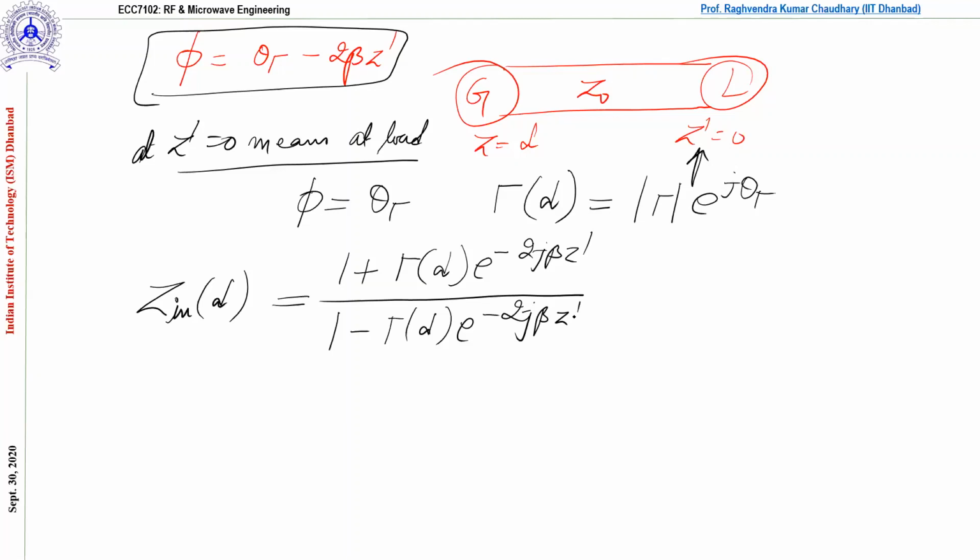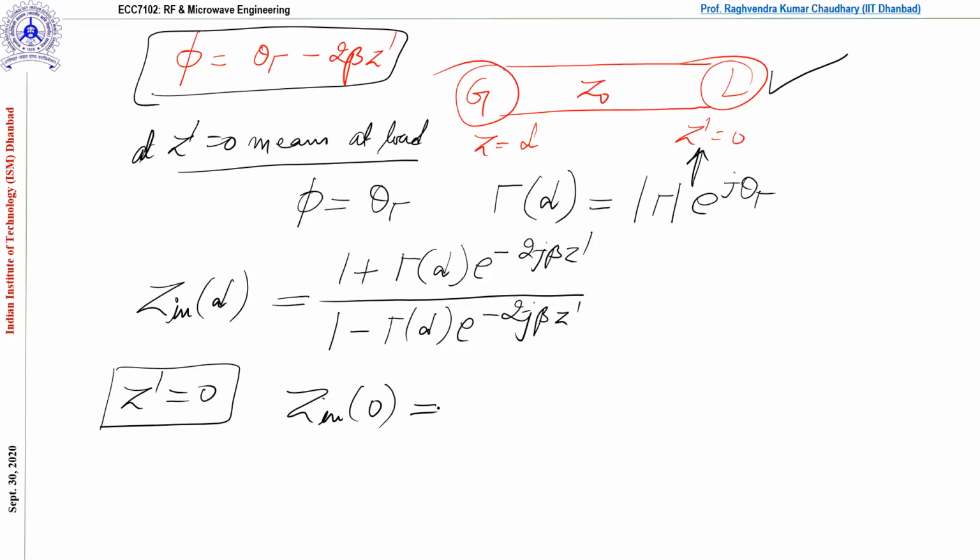Now, if I say z dash is equal to 0, it means I'm at the load side. In that case Zin at 0 is equal to what? This will be 1 plus gamma d over 1 minus gamma d.